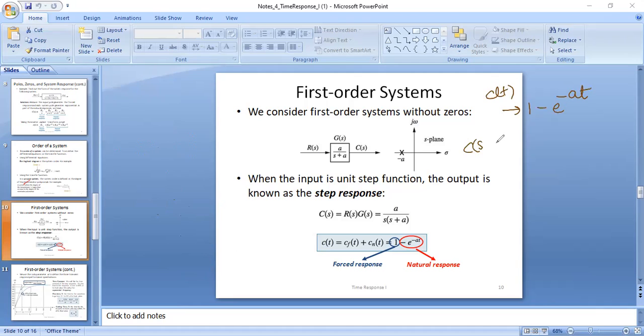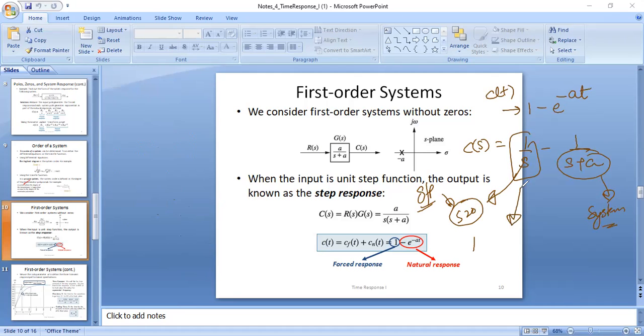And in C of s, you will get 1 by s minus 1 upon s plus a. Now this pole at s equal to 0 is due to the step input pole, and this pole is from the system pole. That means this part is giving you the forced response and this part is giving you the natural response.